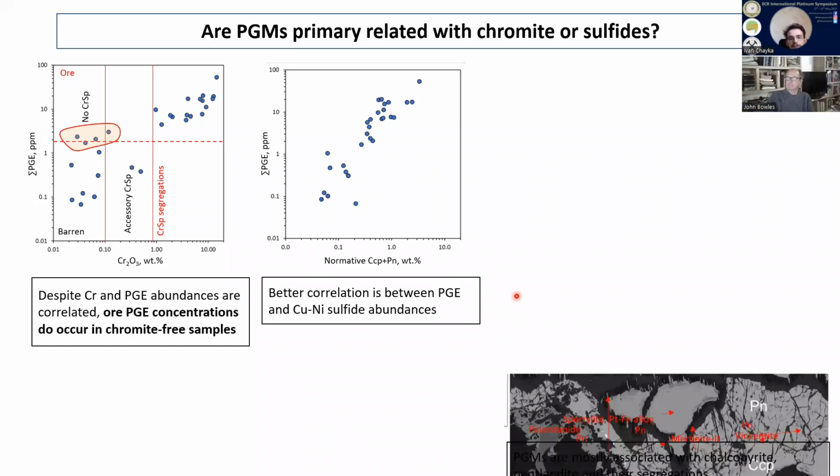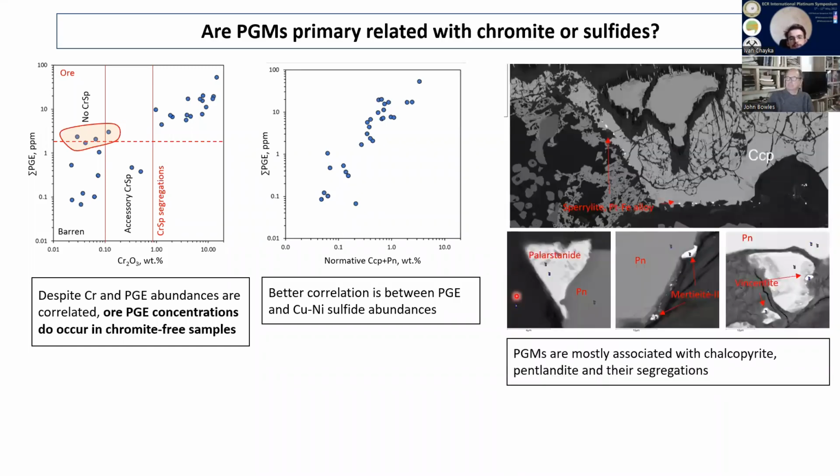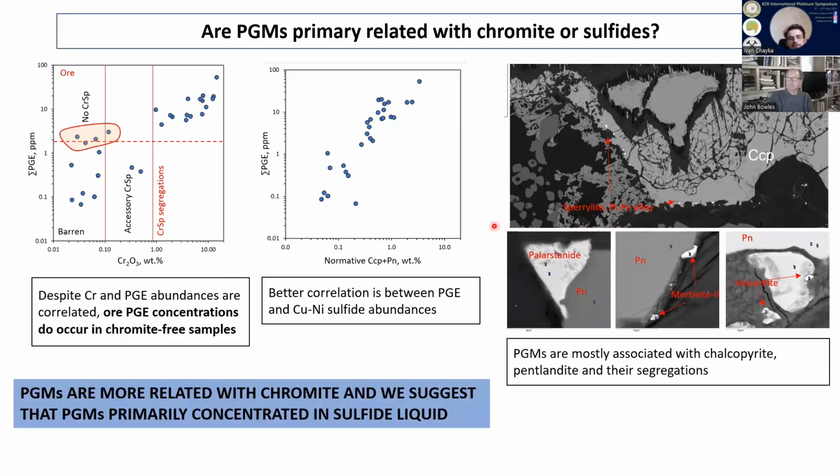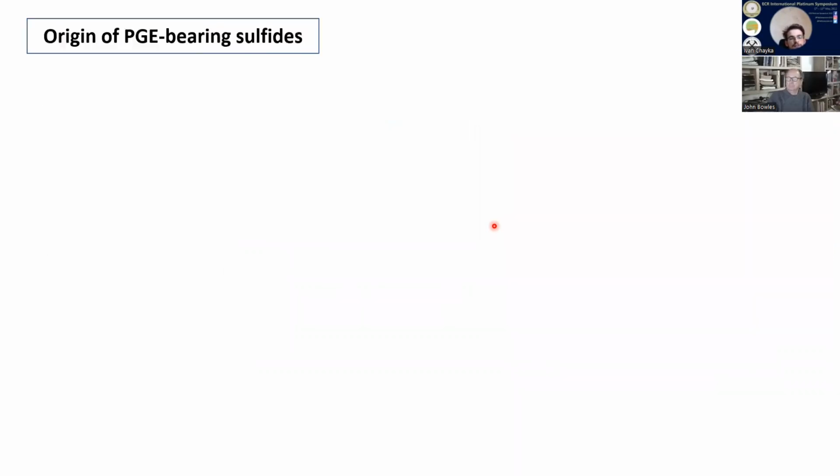And finally, PGMs, as you can see from these photos, are mostly very closely associated with sulfides, namely pentlandite and chalcopyrite. These all make it possible to conclude that PGMs are more related with sulfide, not chromite, and we suggest that PGMs were primarily concentrated in sulfide liquid.